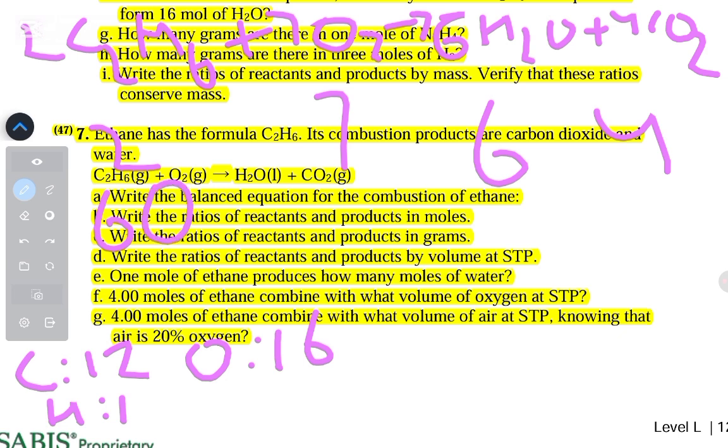And O2: 16 is diatomic, so it's going to be 32, multiplied by the moles, so 7 times 32 will give you 224. Actually, no need of the plus, but just for conservation, to prove it.